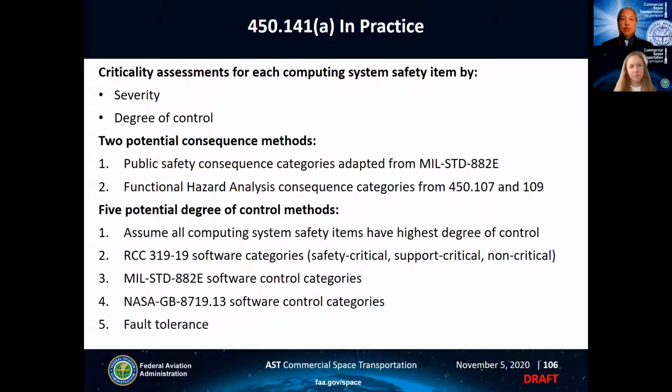Now, 141A requires criticality assessments, a level of criticality for each computing system safety item according to the hazard severity and degree of control for the hazards associated with it.